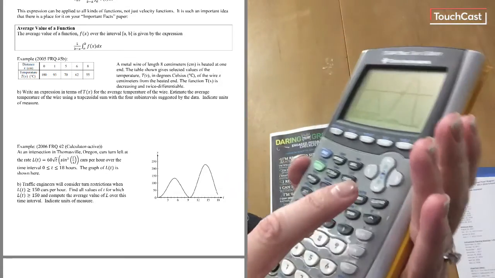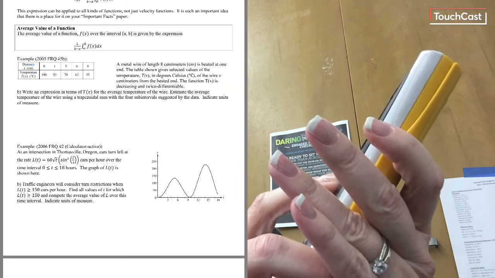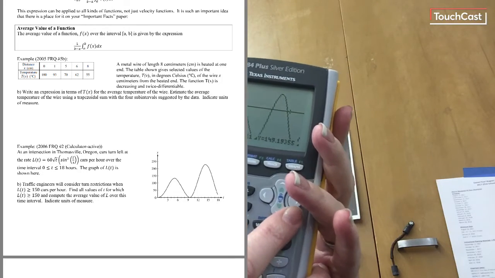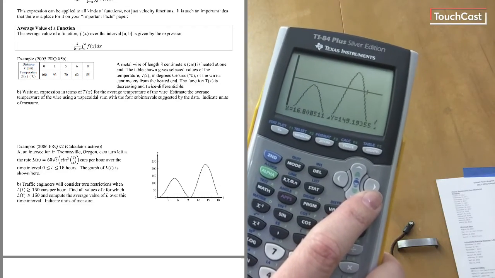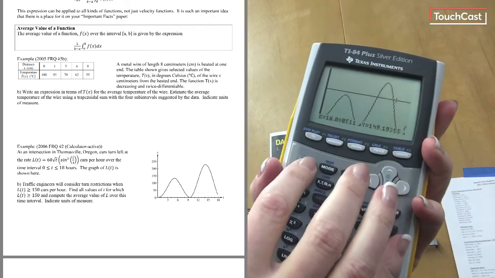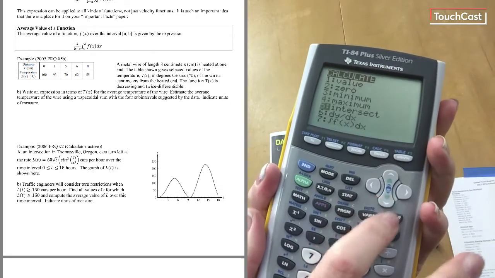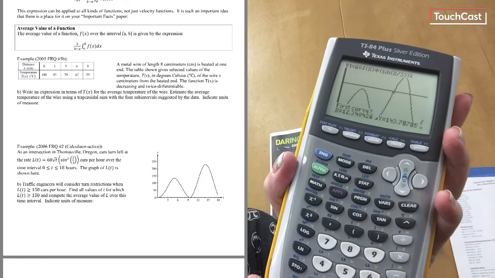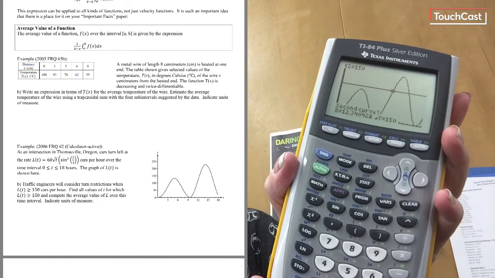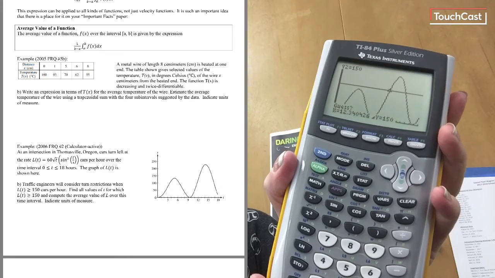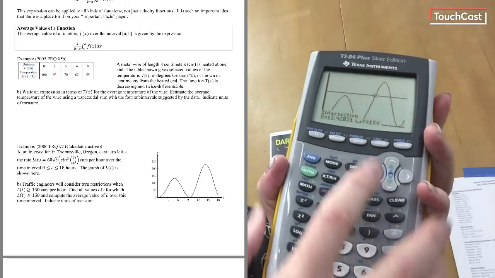To get the second intersection point, you're going to use that same process, but you'll want to move the cursor closer to where the second intersection occurs so that the calculator finds the second intersection. This is second, calc, intersect, enter. I left my cursor in the wrong spot, even though I thought I had moved it.